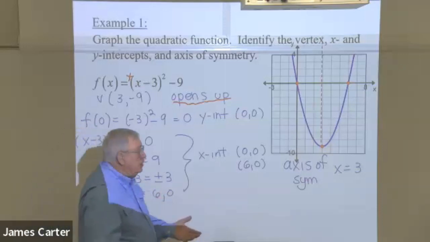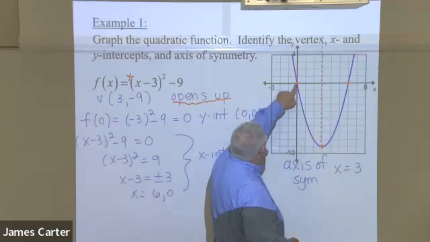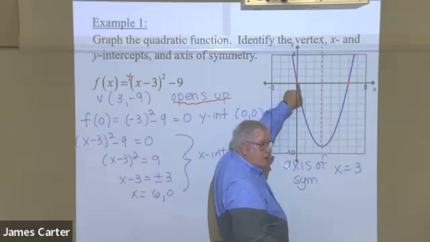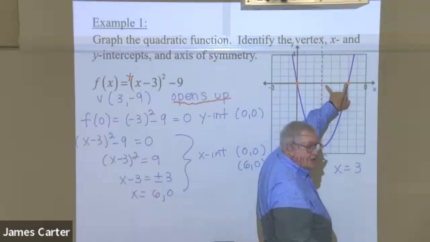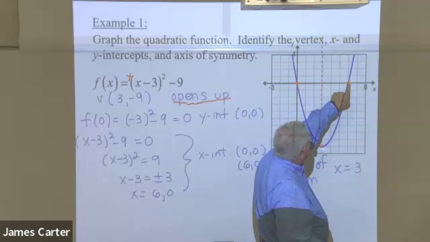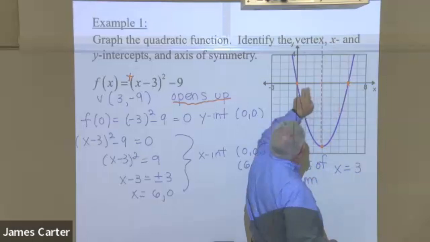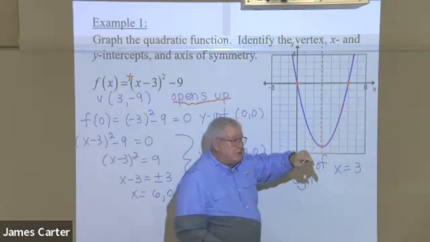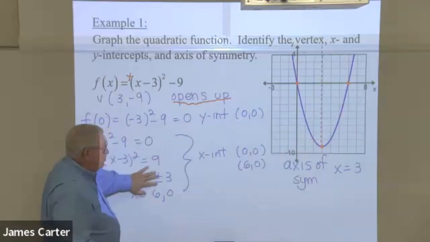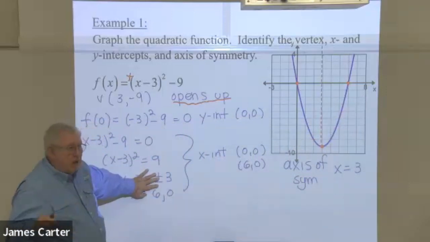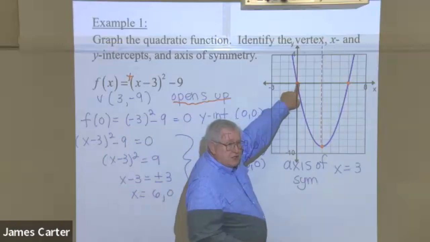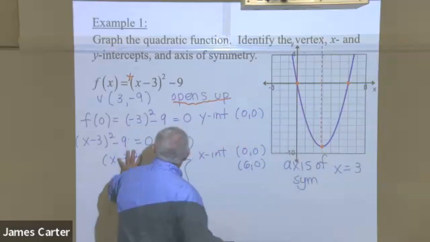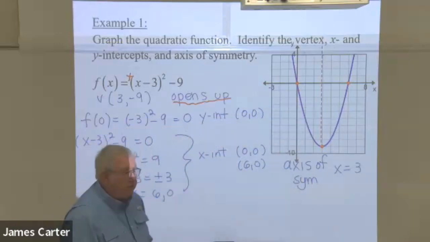But in this particular problem, because the y-intercept was 0, and according to the rule of symmetry, same distance, also at y is 0, we got our 2 x-intercepts, and we didn't really need to do the computation on this problem. Now, if the y-intercept were anywhere besides 0, 0, then we would have to do that kind of stuff.